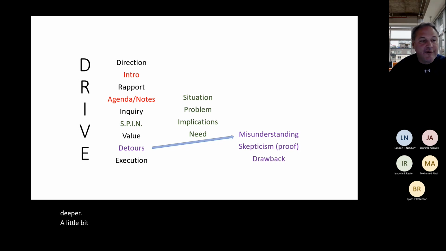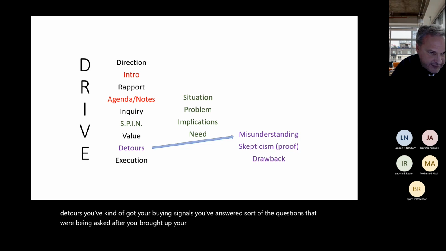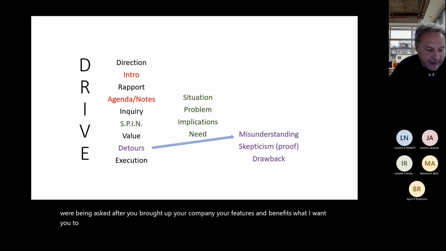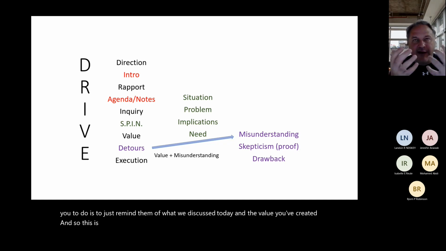But moving to the next phase, once we've gone through those detours, you've got your buying signals, and you've answered the questions that were being asked after you brought up your company, your features and benefits. What I want you to do is remind them of what we discussed today and the value you've created. So this is where, how does that sound to you? They say, actually, it's sounding really good.